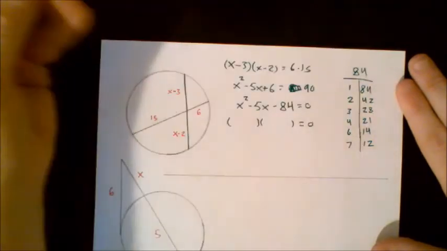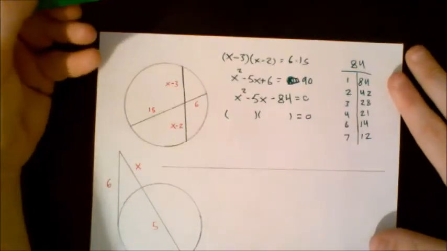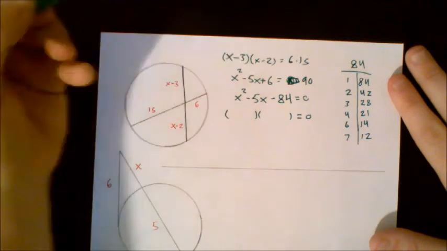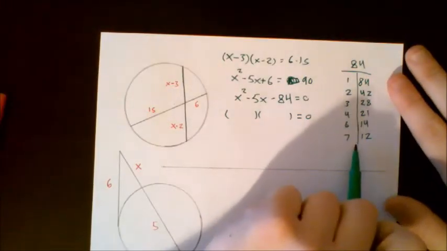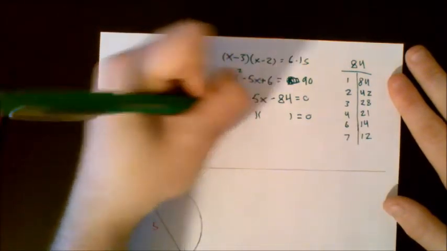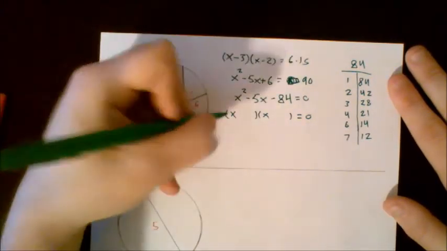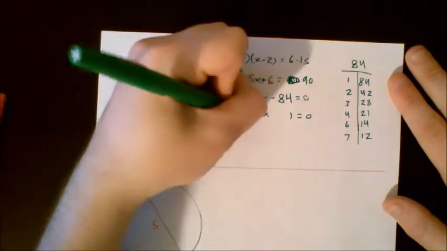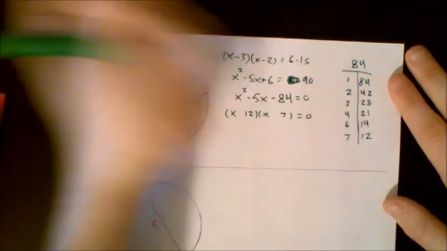Which one of these, when we add them together, any combination of positives and negatives, would give us a negative 5? Well, if you look at 7 and 12, if we had a negative 12 and a positive 7, that would work. We have an x and an x, right? X times x makes x squared. Let's put our 12 here and our 7 there.